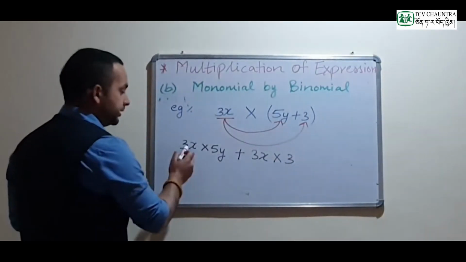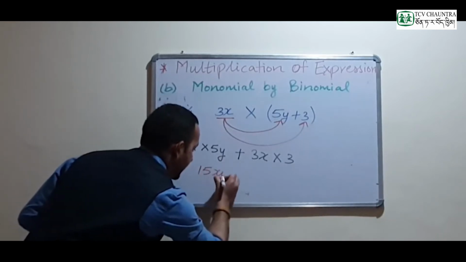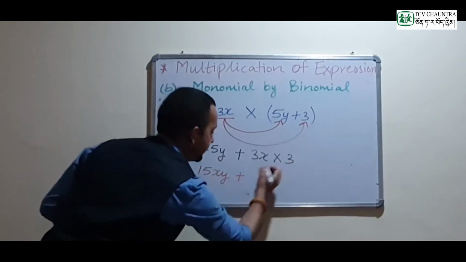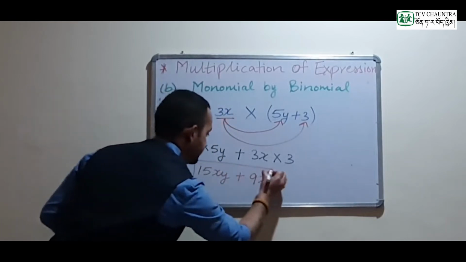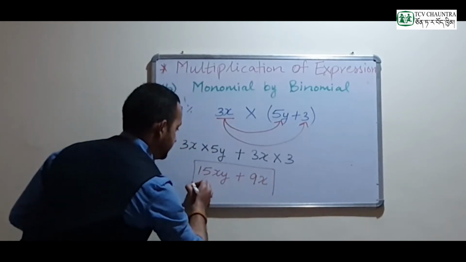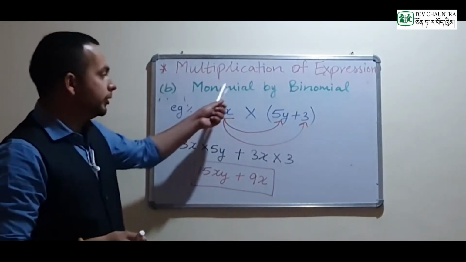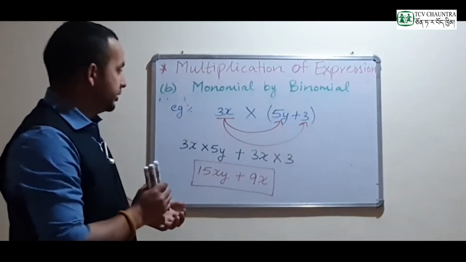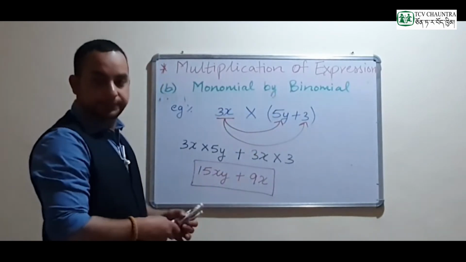Okay, now 3 fives are 15xy plus 3 threes are 9x. So this is your answer. Monomial multiply by binomial. Understood?